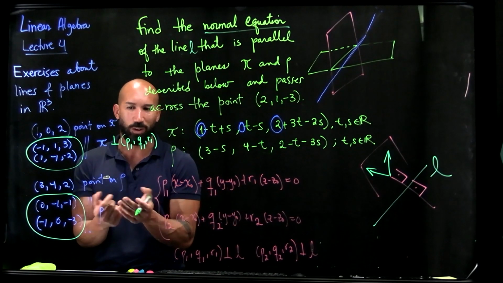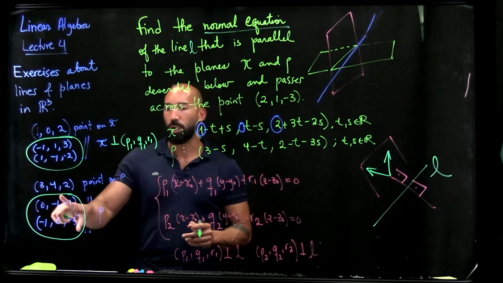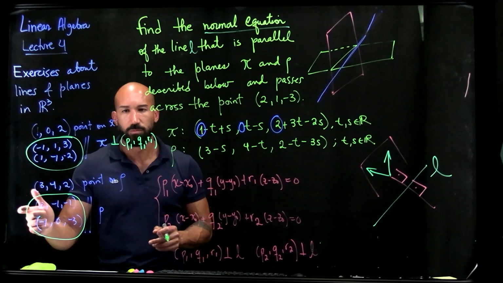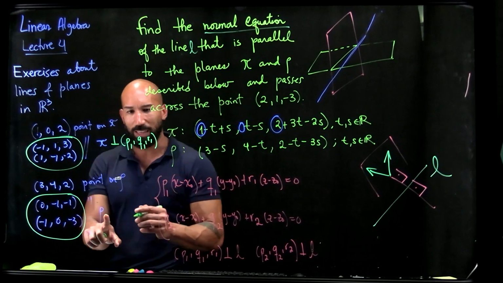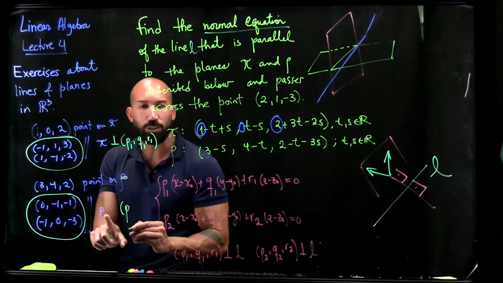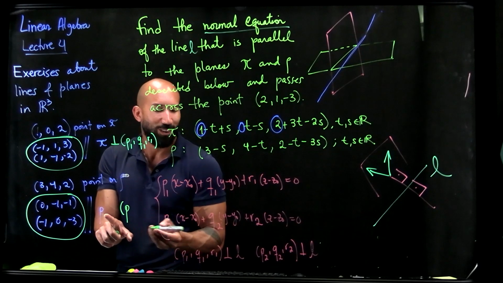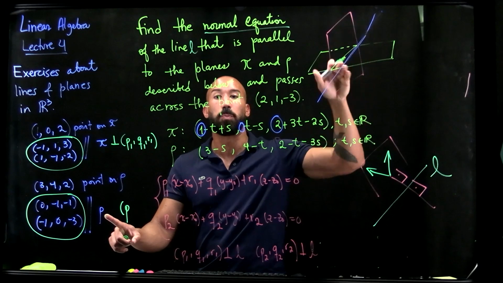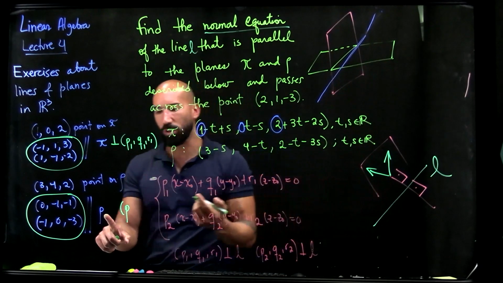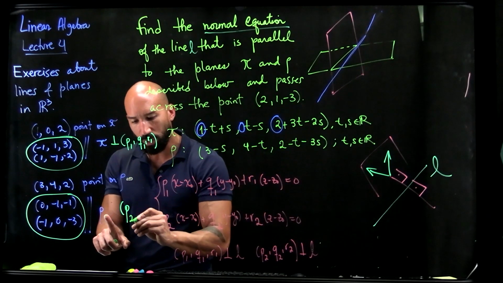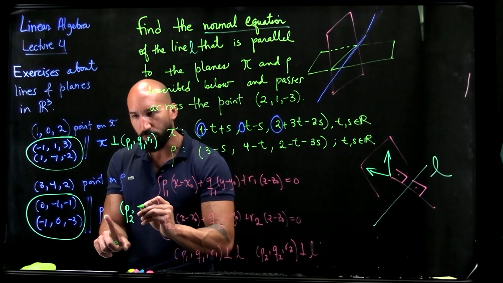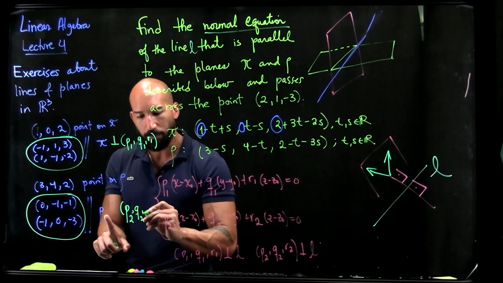That's the vector that we are going to look for. And we're going to use these two vectors to find a vector that is orthogonal to the two of them. And that vector is going to be orthogonal to rho. But if it's orthogonal to rho, and rho is parallel to L, that vector is going to be orthogonal to L. So the second vector that went here, we can choose it as a vector that is orthogonal to rho.